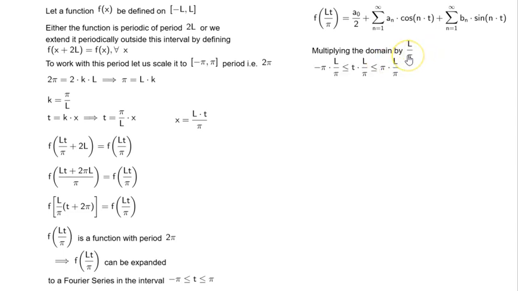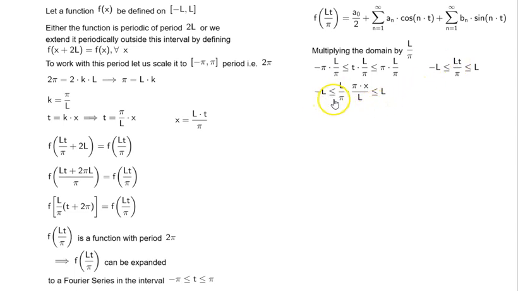Multiplying the domain by L by pi: our domain is minus pi to pi. So if you multiply the domain, we get minus pi times L by pi is less than or equal to t times L by pi, which is in turn less than or equal to pi times L by pi. With cancellations, it becomes minus L is less than or equal to Lt by pi, which is in turn less than or equal to L. Now let's substitute t.